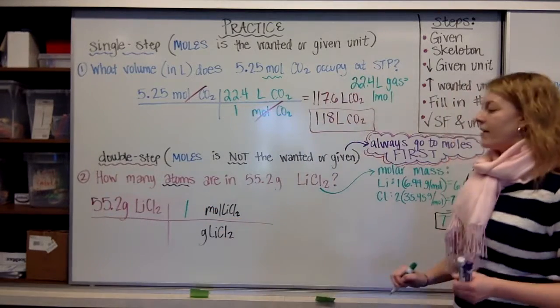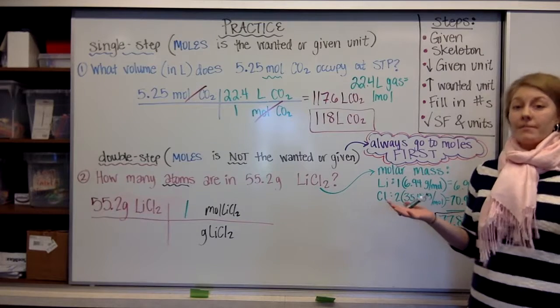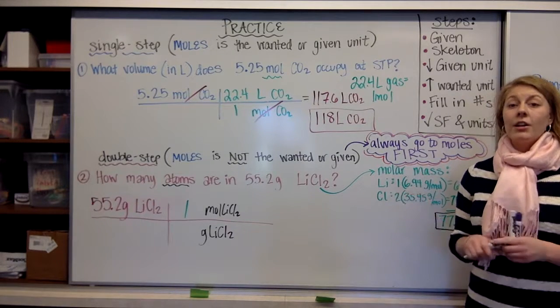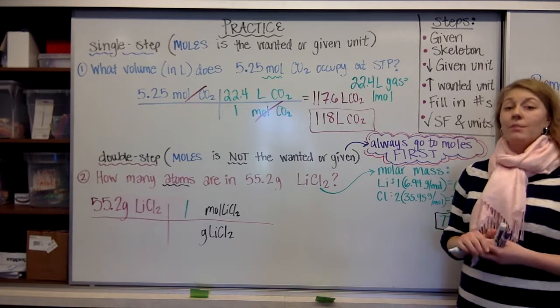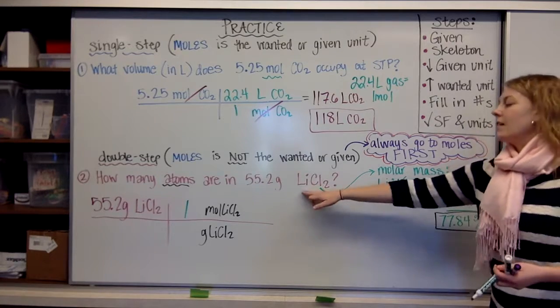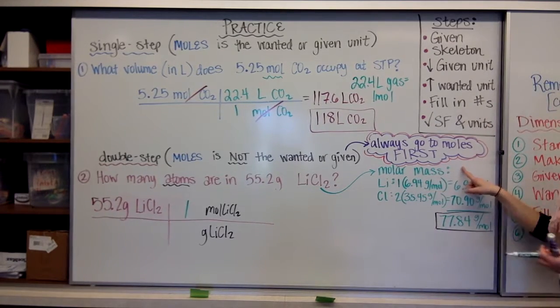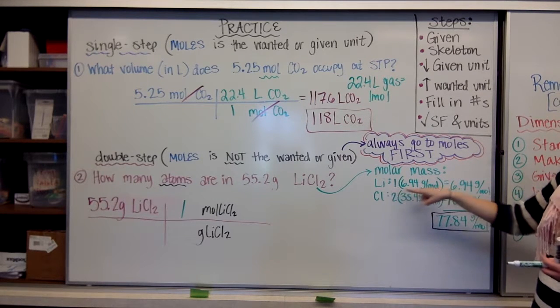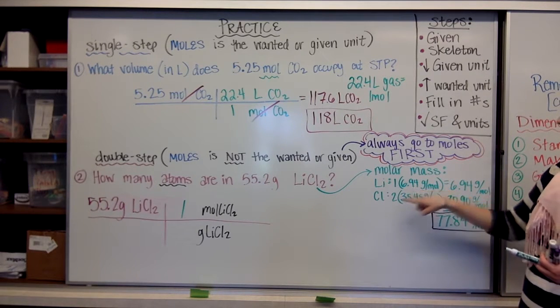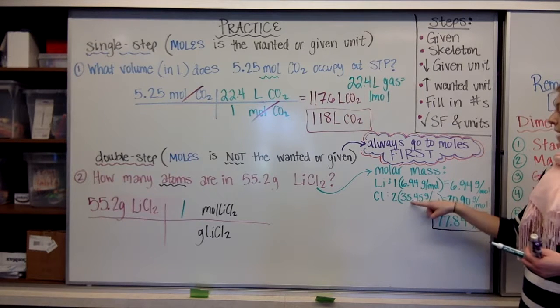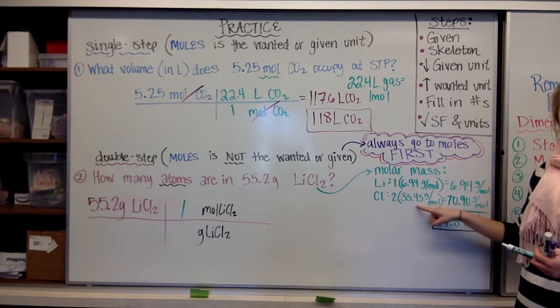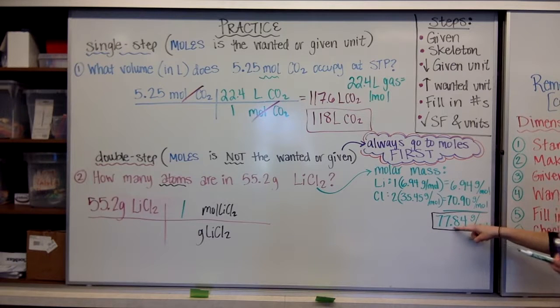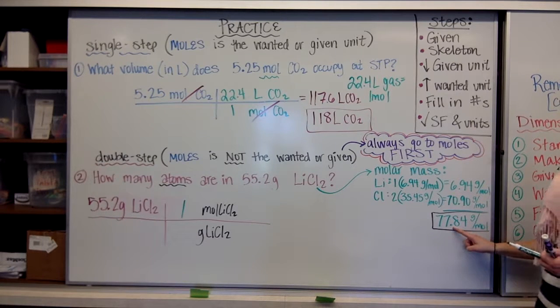1 mole of LiCl2 is equal to how many grams? Okay, if you remember, when we're using grams, we're going to look at the molar mass. Conveniently, I've calculated the molar mass over here for us already. The molar mass of LiCl2, we have 1 lithium at 6.94 grams per mole, 2 chlorines at 35.45 grams per mole each, for a total of 77.84 grams per mole.